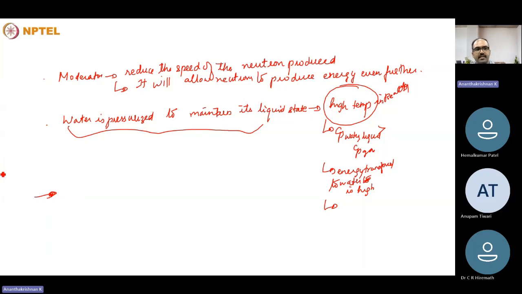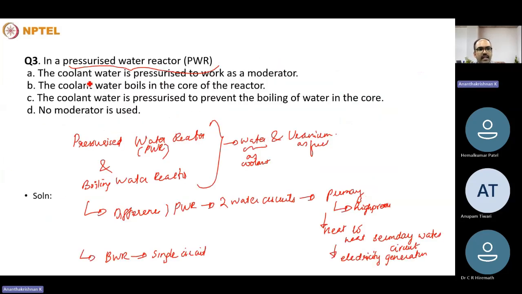But then the question remains whether the cooling water is pressurized to work as a moderator. Cooling water boils in the core of the reactor? Cooling water is pressurized to prevent the boiling of water. So these are counterintuitive. Cooling water is pressurized to prevent the boiling of water, to remain in the liquid state. So this is wrong. It is pressurized to prevent the boiling. Wrong. No, this coolant water is pressurized to work as a moderator.